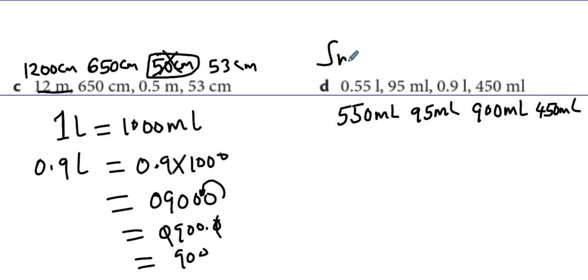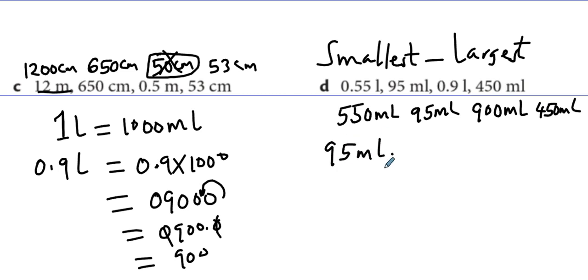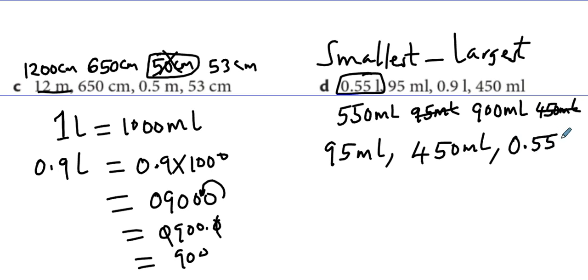So to arrange that from smallest to largest, the smallest of all will be 95 milliliters. So this is no longer there. The next smallest will be 450 milliliters. So this is no longer there. And the next one will be 550 milliliters, which we write as 0.55 liter.